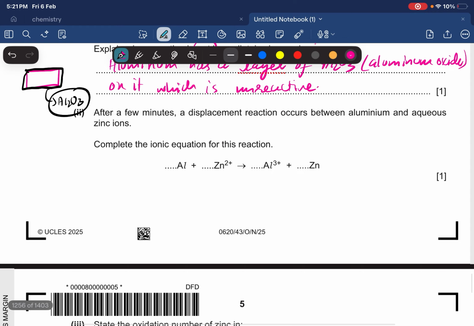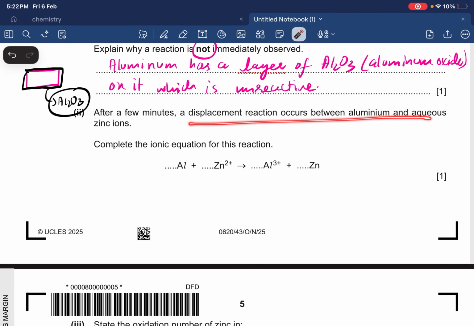After a few minutes, a displacement reaction occurs between aluminum and aqueous zinc ions. Complete the ionic half equation for this reaction.